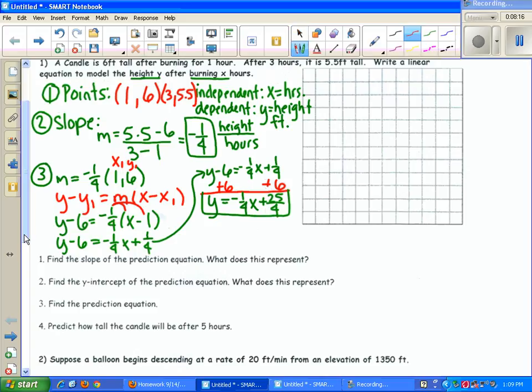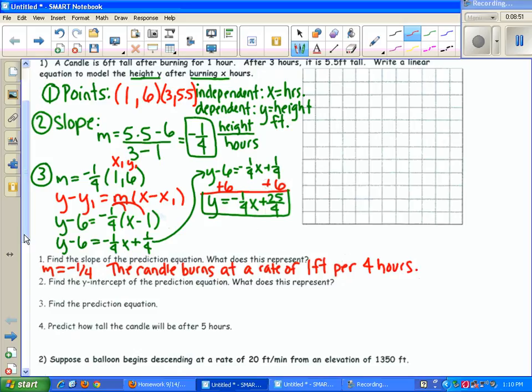So our slope, in this case, we already found, which is m, is equal to -1/4. So if we write this in words, this means that the candle burns at a rate of 1 foot per 4 hours.